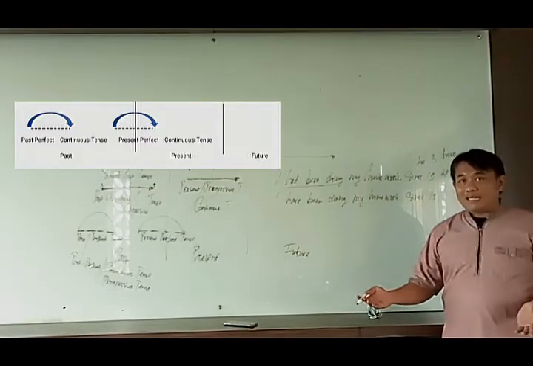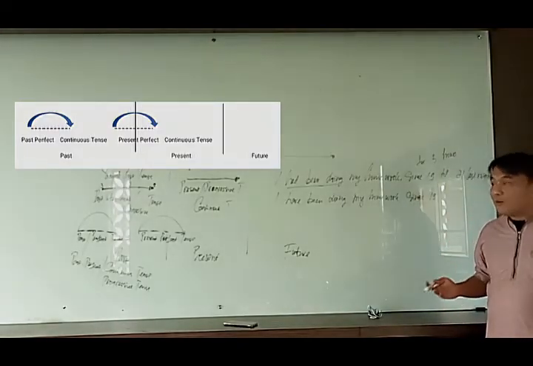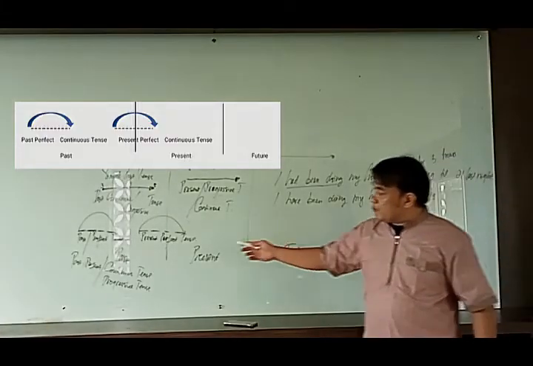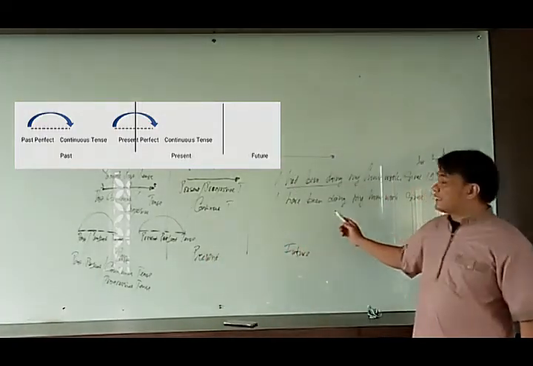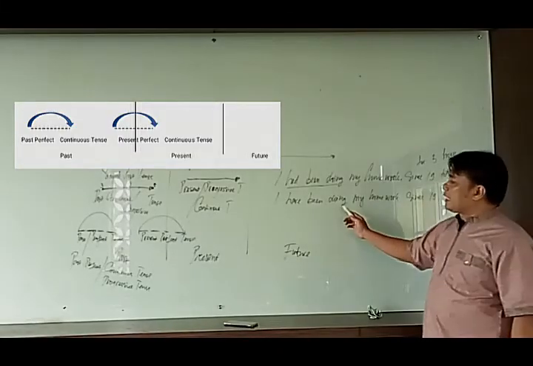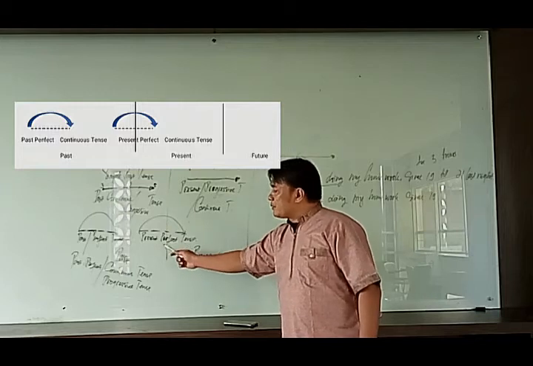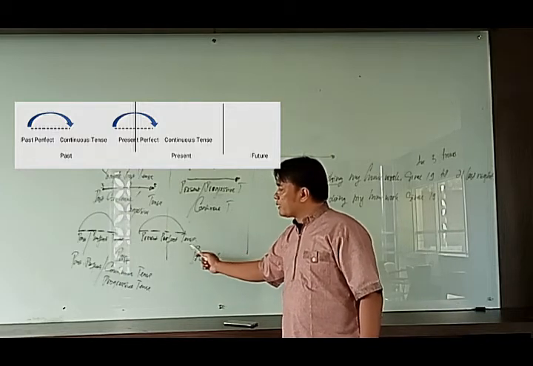Jadi saya menerangkan dari tadi, setengah jam yang lalu sampai sekarang ini saya menggunakan present perfect continuous tense sedang terjadinya. Berarti bisa pakai ini, bisa pakai ini. Bisa pakai present perfect tense, bisa pakai present perfect continuous tense.